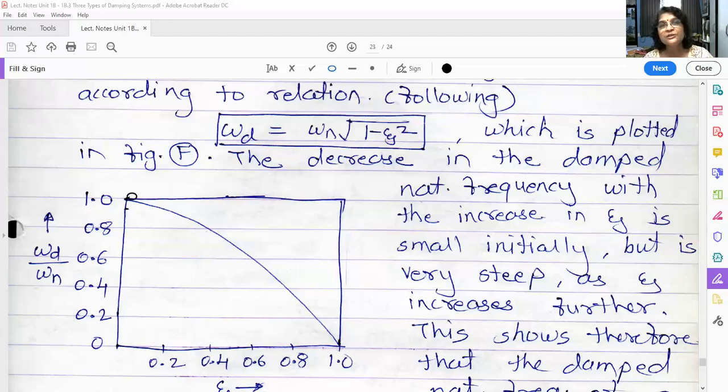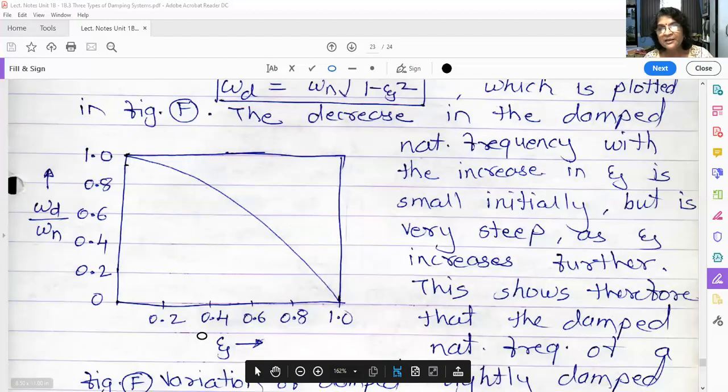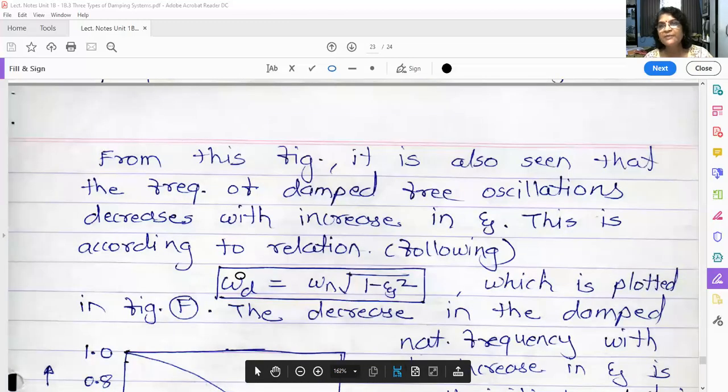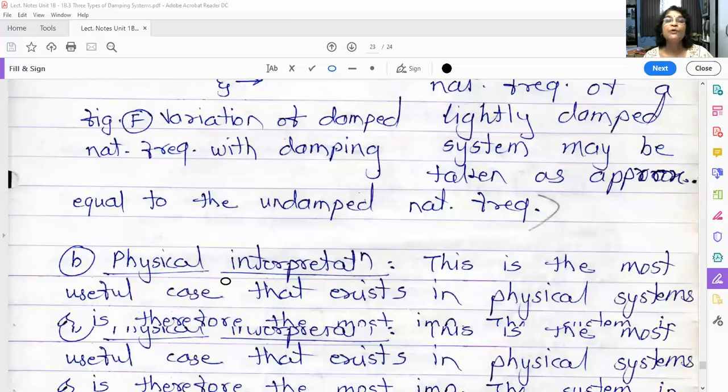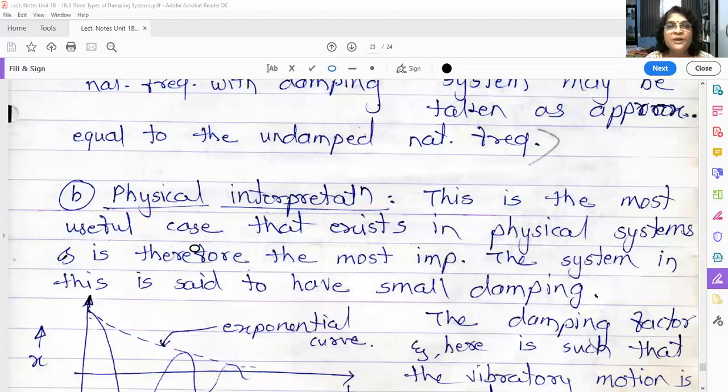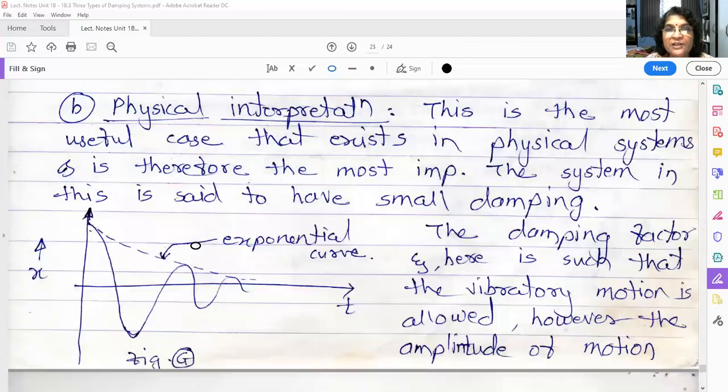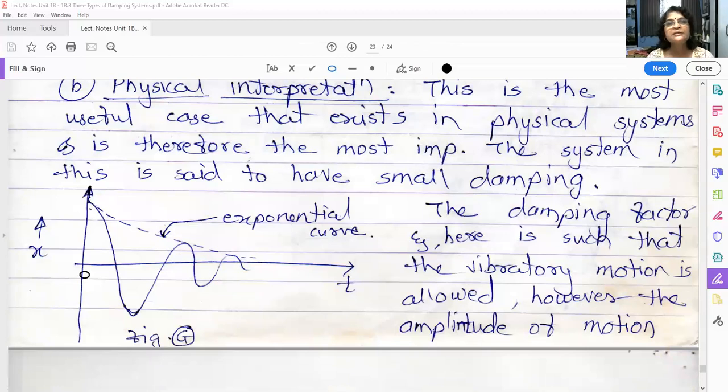Understood this graph? As zeta increases, omega d decreases parabolically. And the same relation we have seen here in the displacement time graph. Understood? Now let us have the physical interpretation of underdamped vibration. See, study this curve.